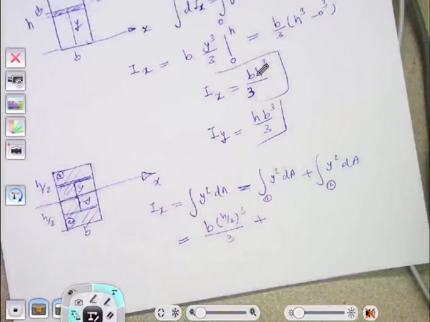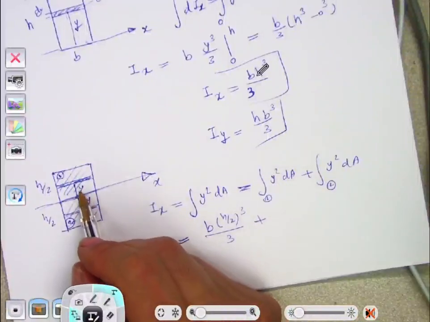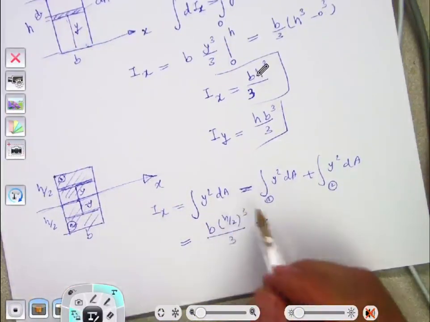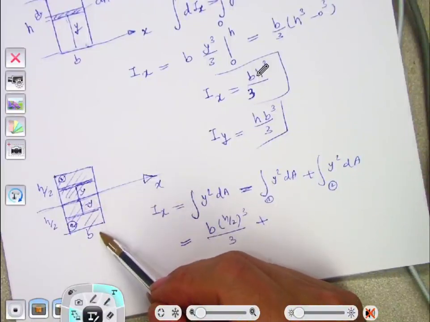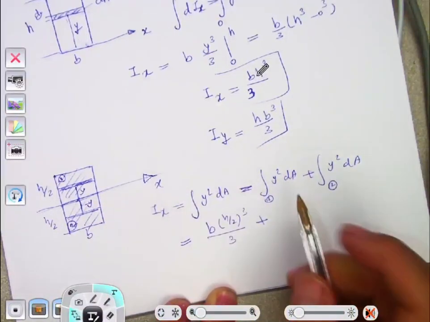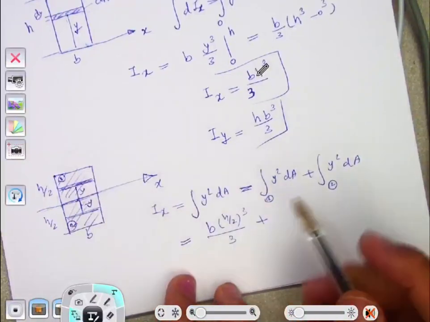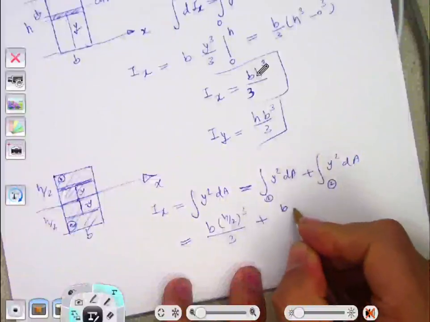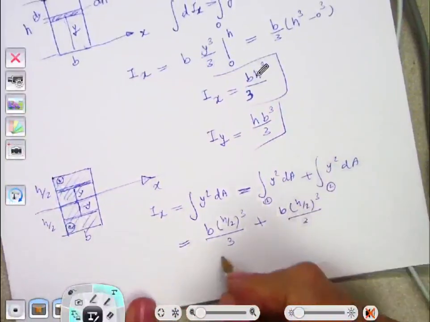But in this integral it doesn't matter, because we are going to square y, so y squared. So for this bottom one, we can still use this formula, because it doesn't matter whether you are under the x-axis or above the x-axis, as long as the distribution is the same way. So for this bottom one, moment of inertia is going to be the same thing, b times h over 2 cubed, divided by 3.